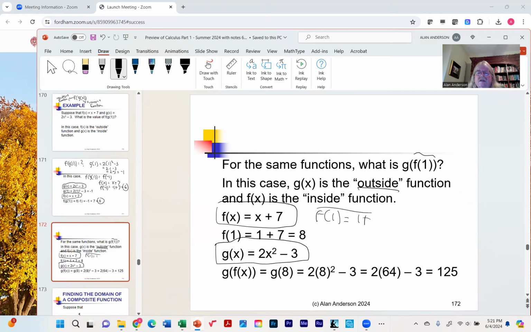So that's 1 plus 7, which is 8. And now g of f of 1 is the same thing as g of 8. And you can see that down here. Since g of x is 2x squared minus 3, we replace that x with 8, and we end up with 125.